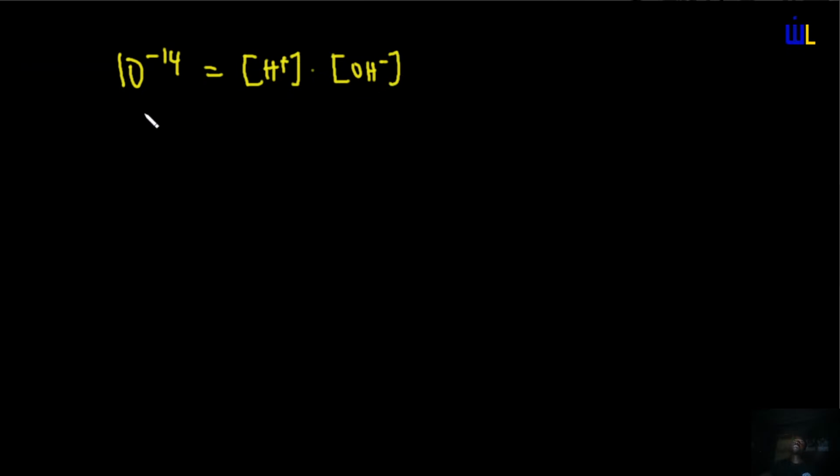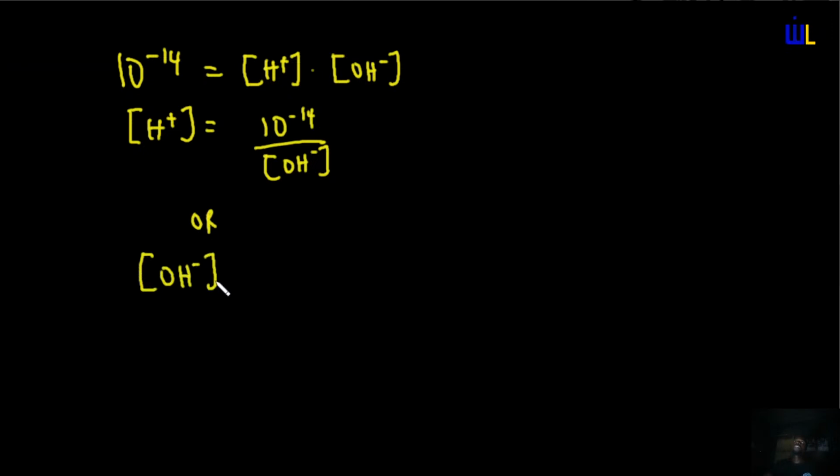Which means that whenever I am looking for the concentration of hydrogen ion, what I simply need to do is 10 raised to power minus 14 divided by the concentration of hydroxyl ion. On the other hand, if I'm looking for the concentration of hydroxyl ion, all I need to do is 10 raised to power minus 14 divided by the concentration of hydrogen ion. This is basically just subject of the formula. So please, I hope we understood.